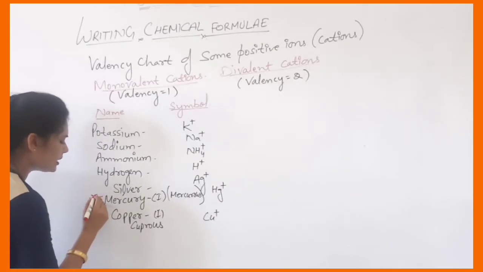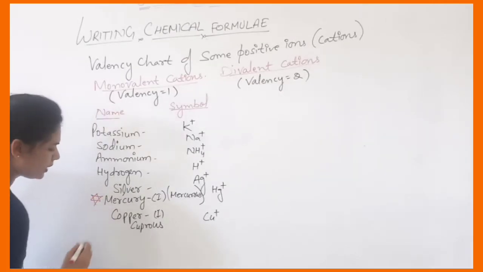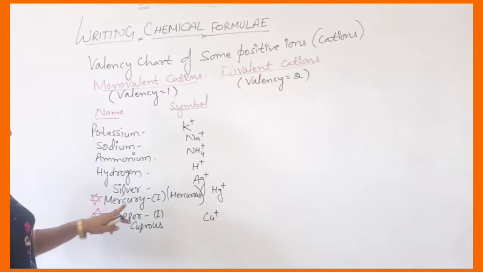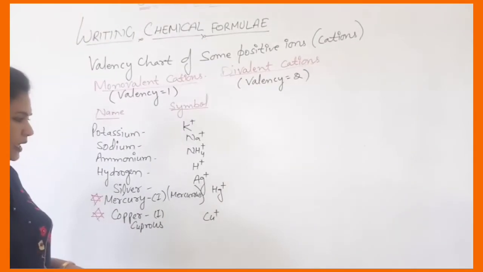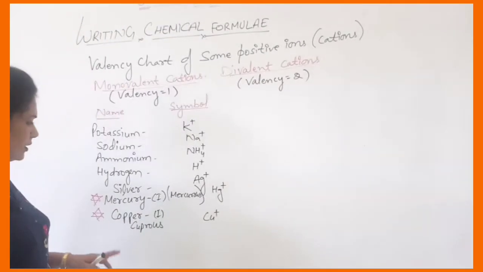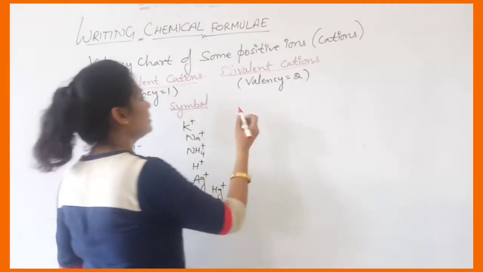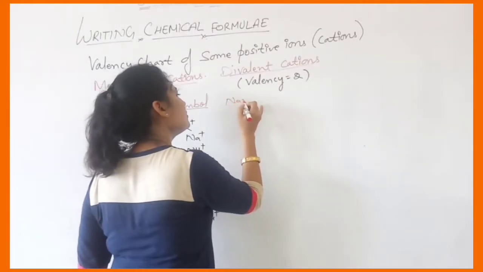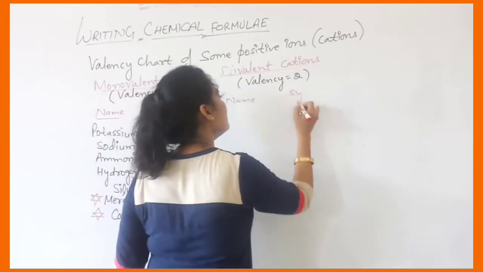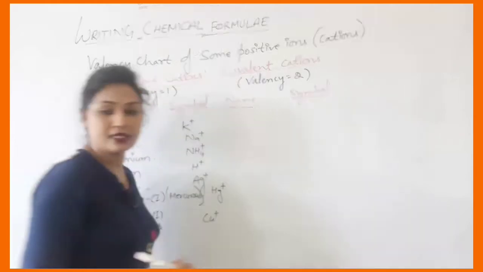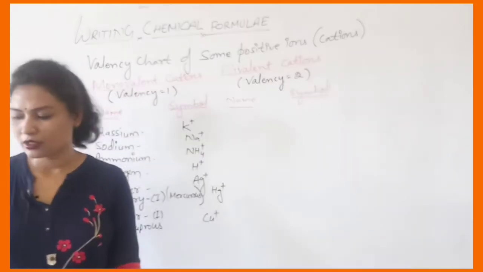According to that we can determine this is the variable valency. It shows mercury and copper show variable valency. Now we will write the name and symbol of the element.